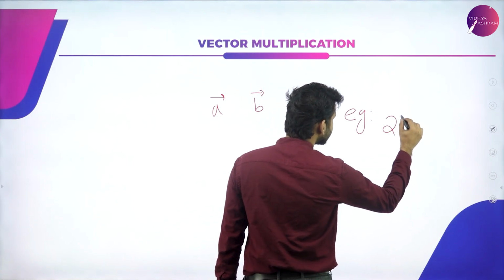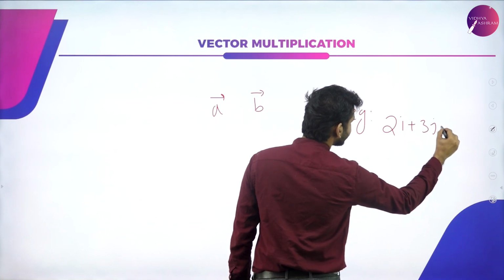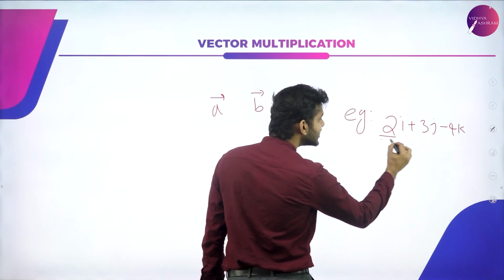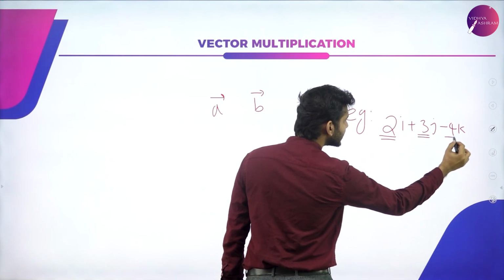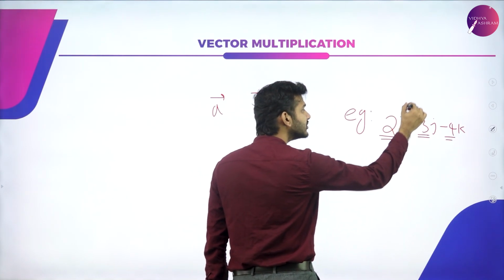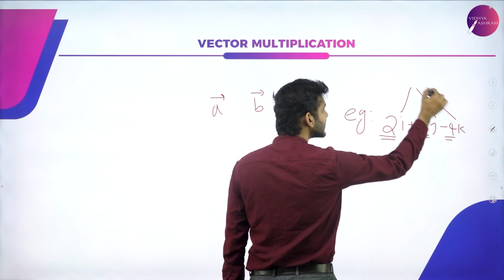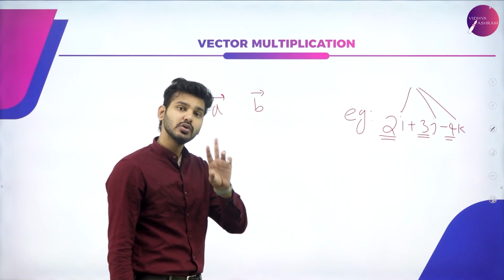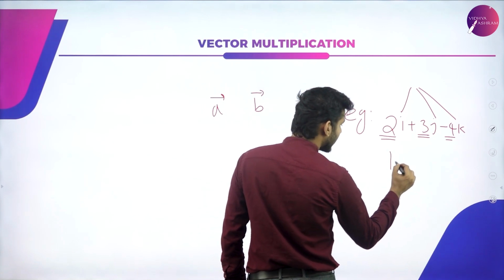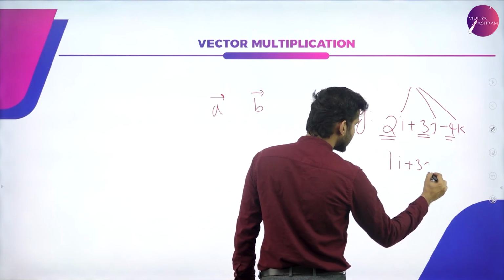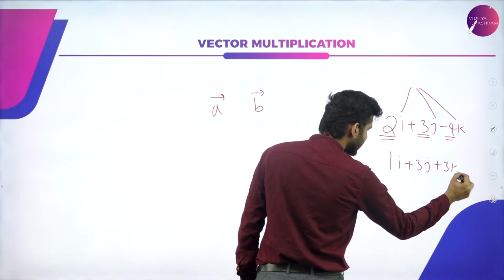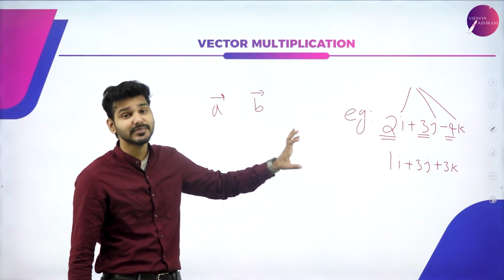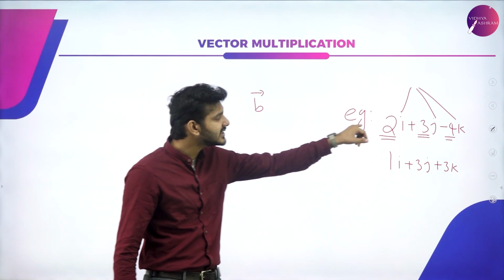If there is any quantity like this, then it is not just the magnitude value of these particular quantities. There is also a directional aspect. Three directions are also indicated. So if there are two vector quantities, let's say 1i plus 3j plus 3k, and we are taking the dot or cross product between them, we are not just multiplying scalars together.